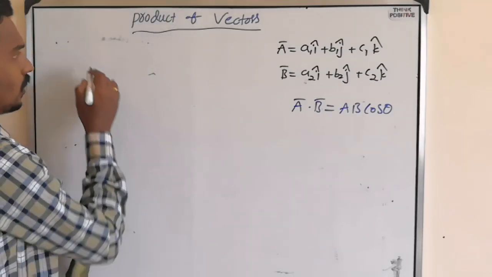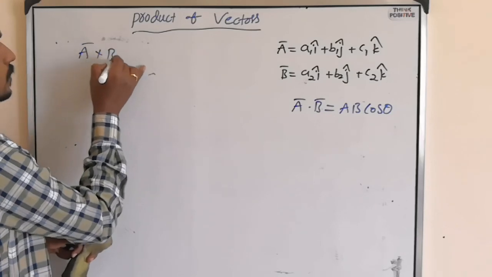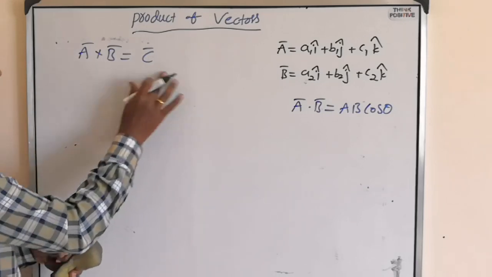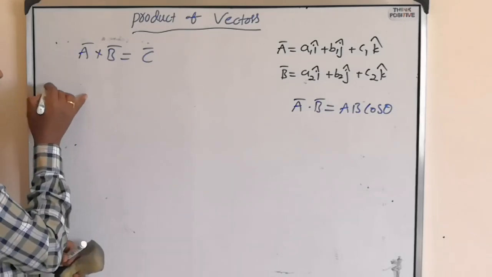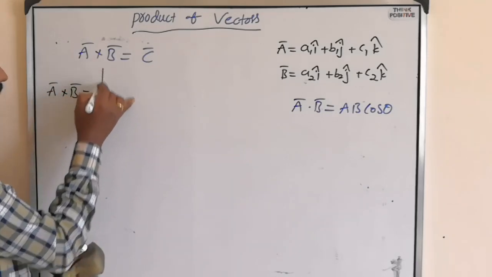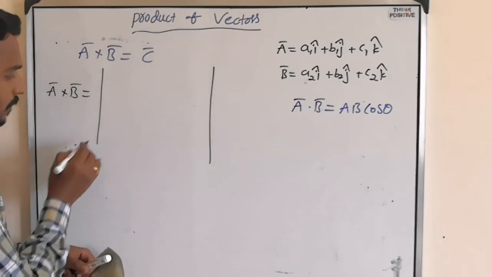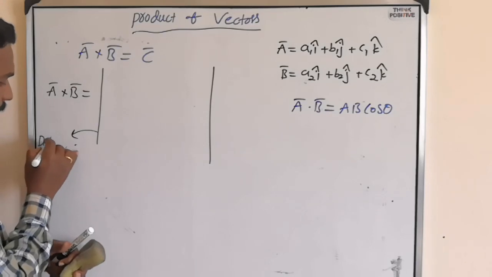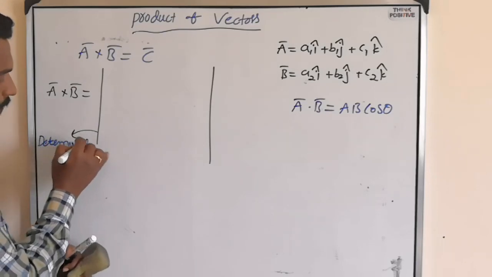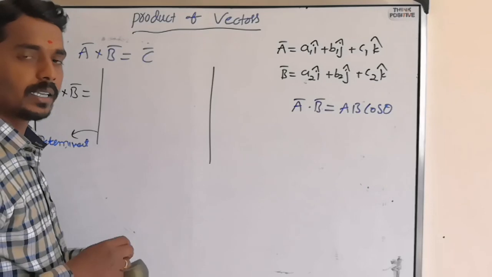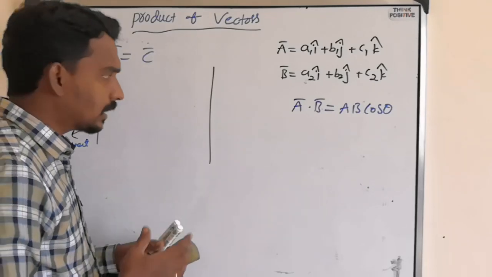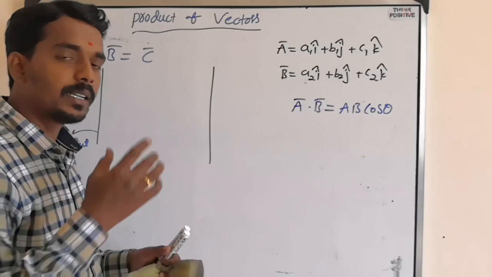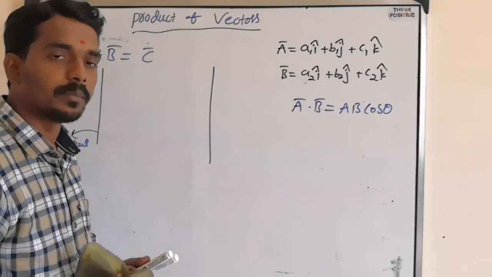Now, we need to find A bar cross B bar, which is a vector, let's say C bar. So this we will find using a method called determinant. What is this determinant? Determinant is a mathematical concept we use in the matrices chapter of mathematics.